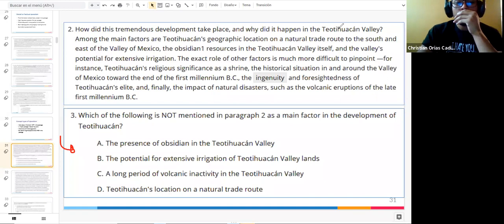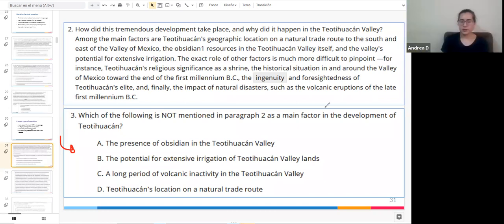A, the presence of obsidian in the Teotihuacan Valley. B, the potential for extensive irrigation of the Teotihuacan Valley lands. And C, a long period of volcanic inactivity in the Teotihuacan Valley. And D, Teotihuacan's location on a natural trade route. All right, Christian, thank you so much.